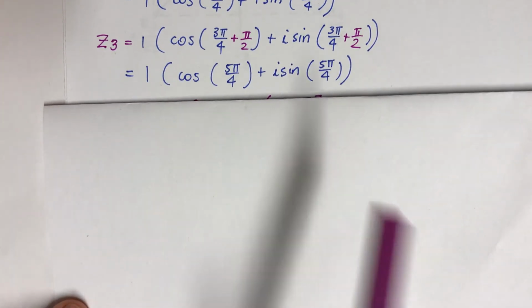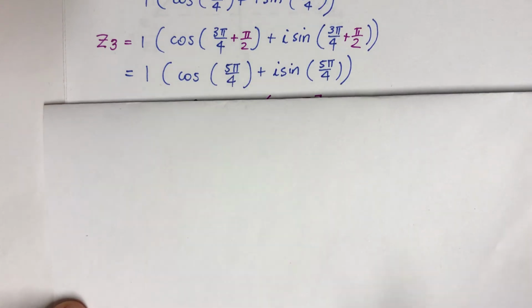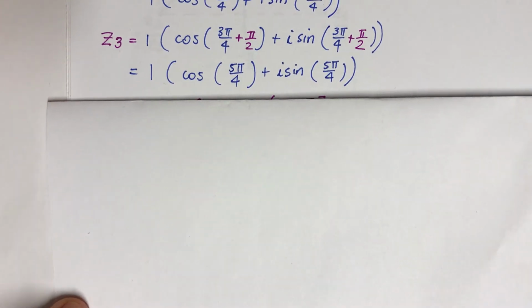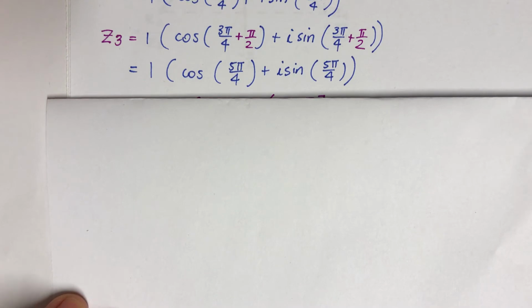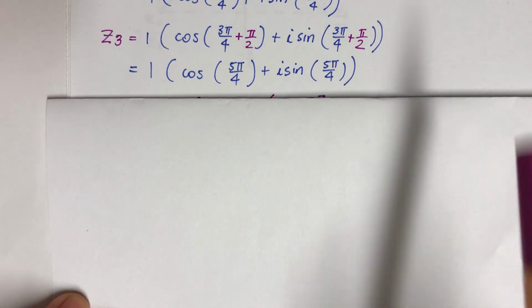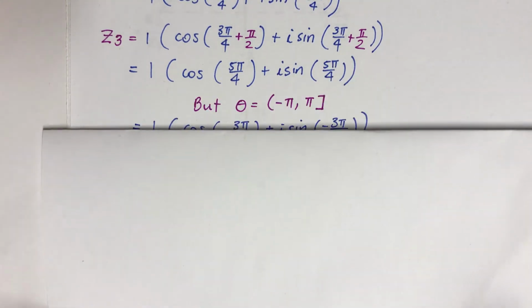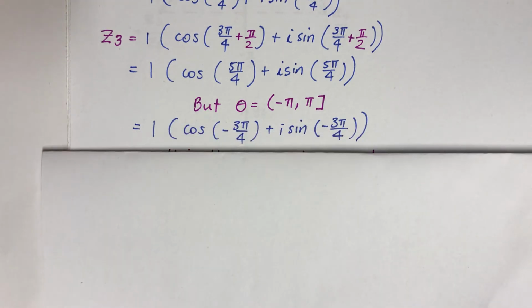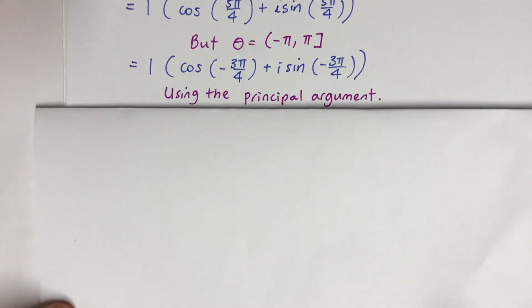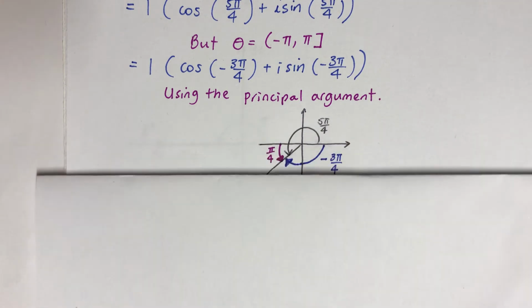Now when you look at this, it is not agreeing with the principal argument, because it has to be between pi and minus pi, and it's over pi. So I'll change that using the principal argument.